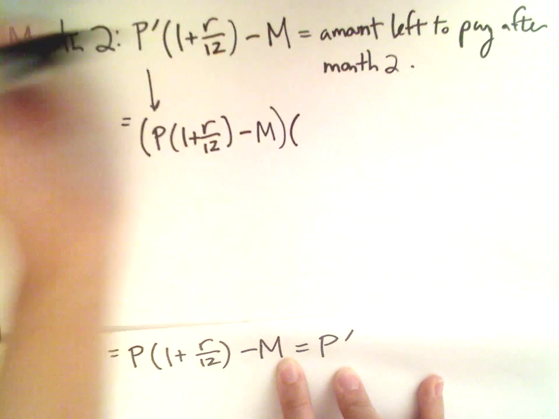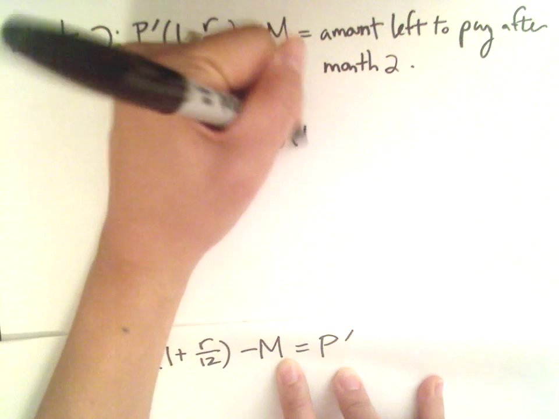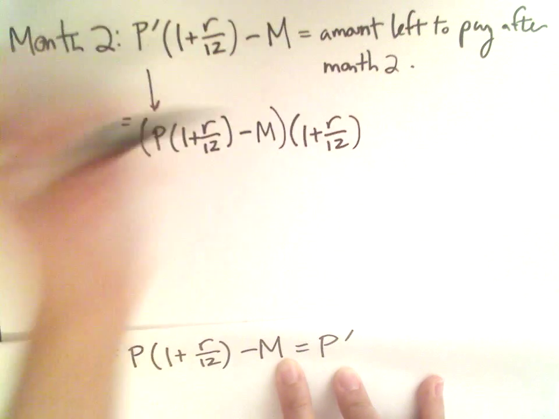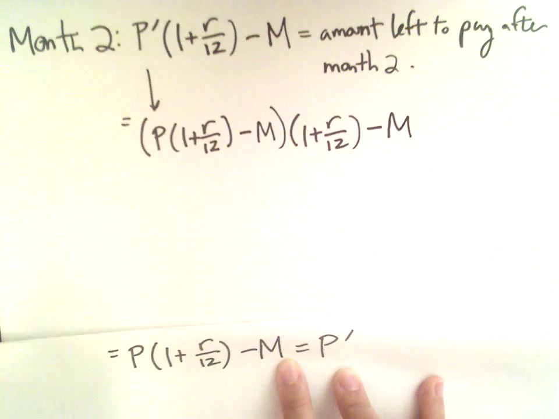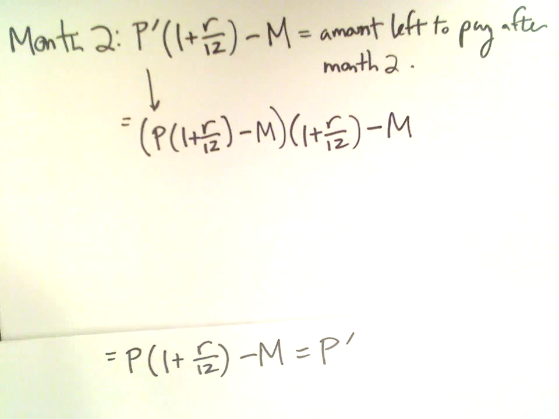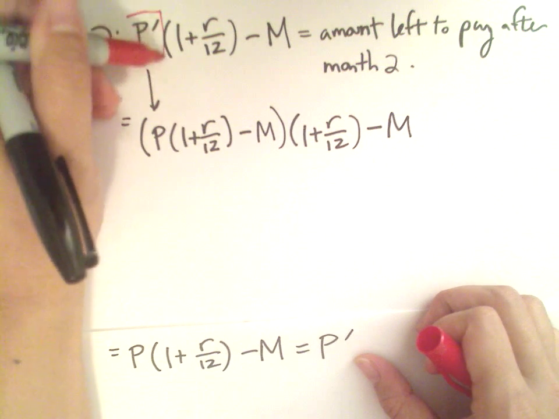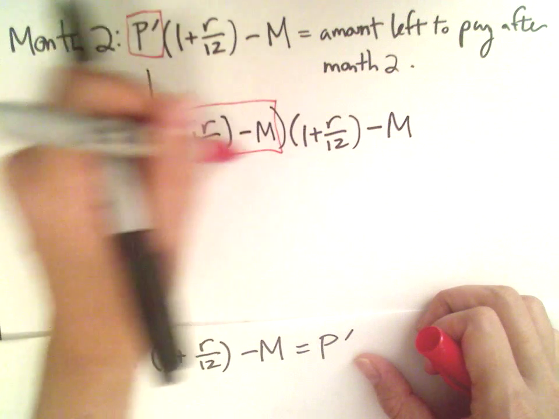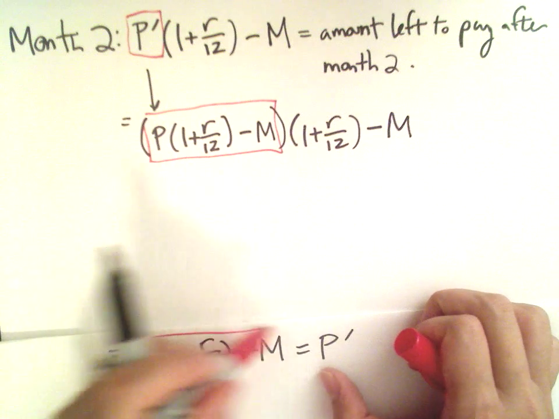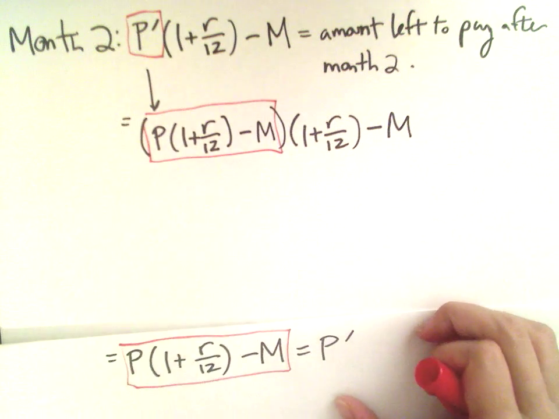And then you have to multiply that by this part, 1 plus R over 12, and you're still doing minus M. So again, we're just taking this and substituting in what it equals over here.